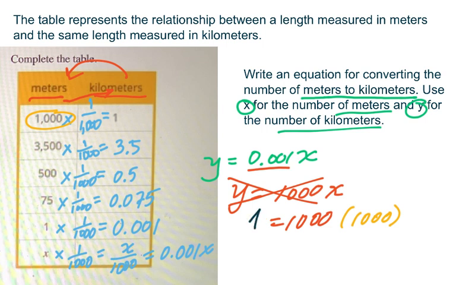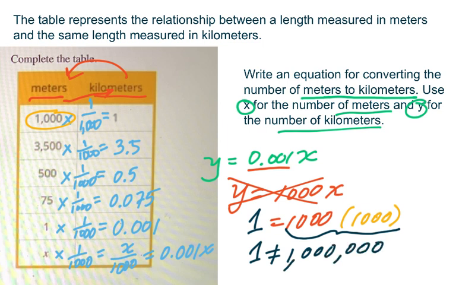That's what we're supposed to get. Well, I can tell you that 1 is definitely not equal to 1,000 times 1,000, right? So I can see that something got messed up when I was writing this equation, and it's because I forgot that I was grouping things into groups of 1,000, not multiplying by 1,000.